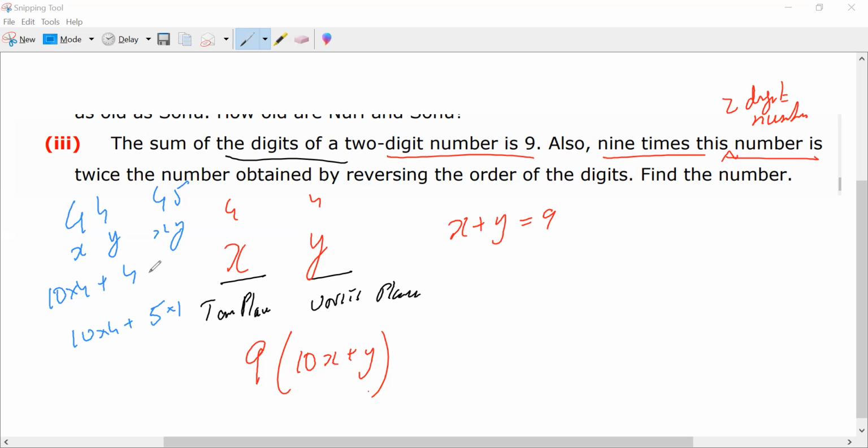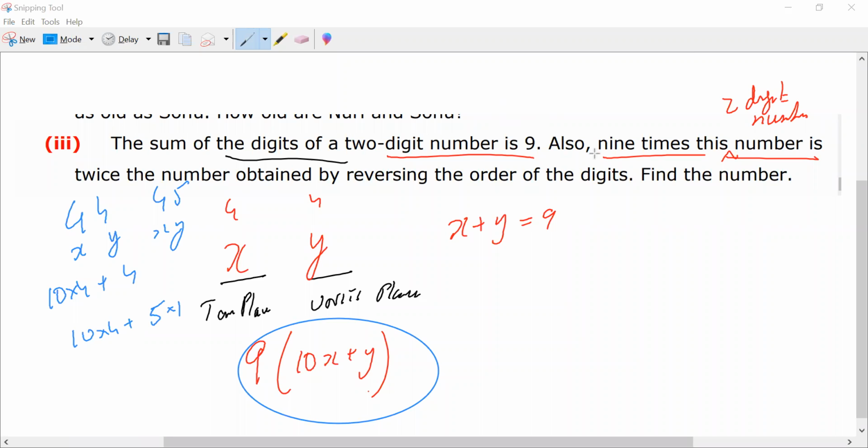Is everyone clear about that? I'll circle it around, this thing, 9 into 10x plus y. Is everyone clear about this? How we got it? Not clear, please message me now itself. Okay, everyone is clear. Then okay.